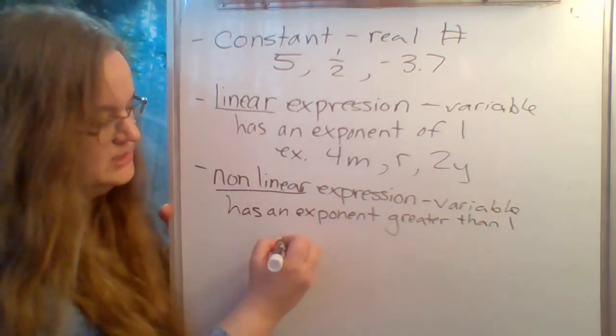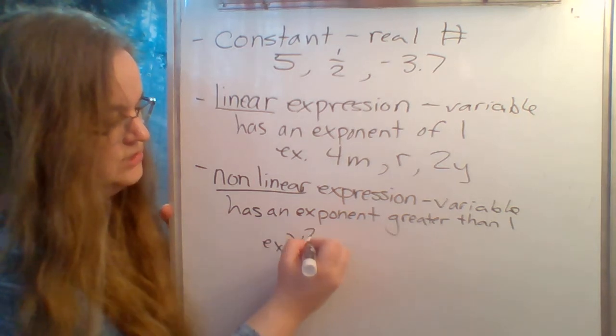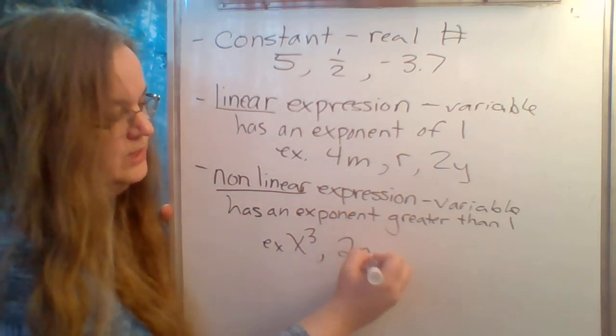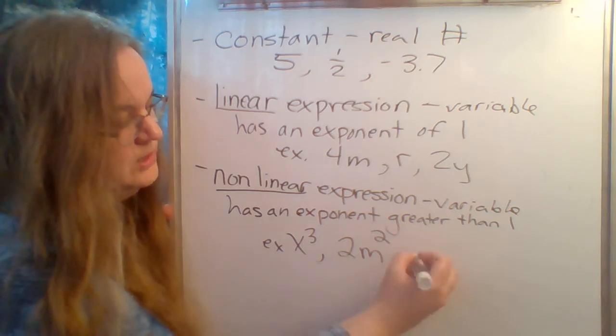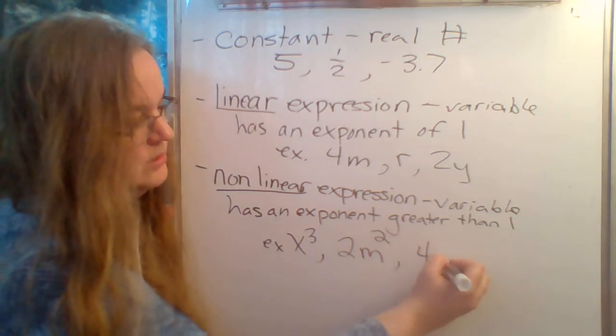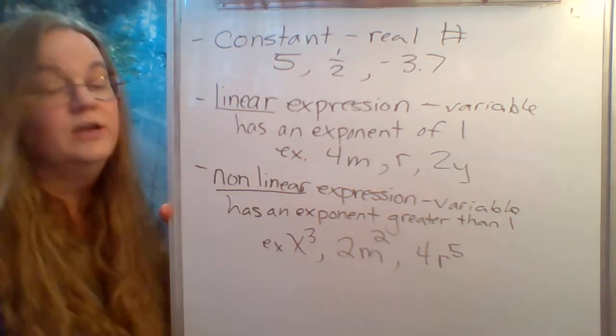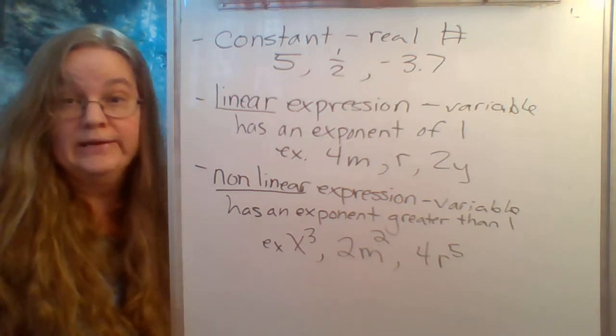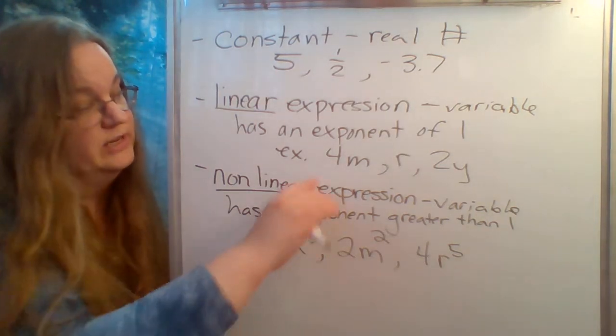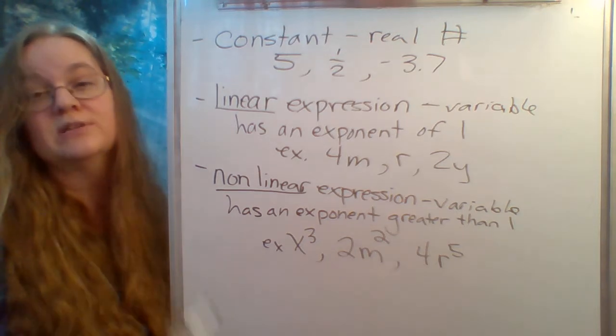Examples would be x to the third power, 2m squared, 4r to the fifth power, any of those, because they're not linear. They're not in a straight line. It would have to be to the first power if it was going to be linear.